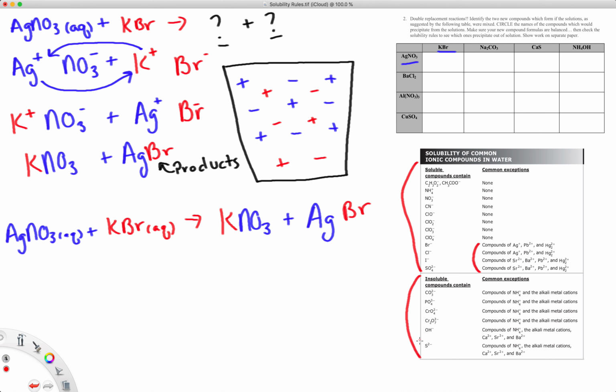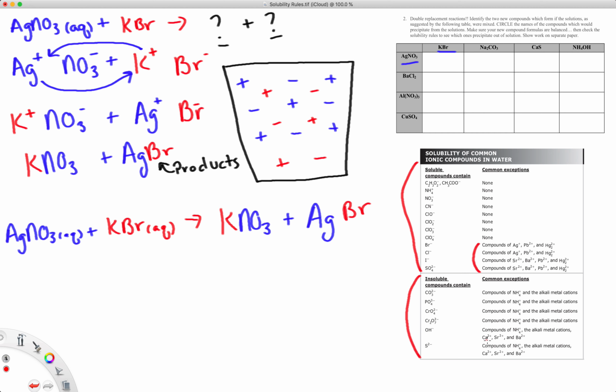If we take a look down here at the bottom table, this is a list of ions whose compounds are typically not soluble in water. So they make more compounds that are not soluble in water. Let's make up an example here. Hydroxide, the OH group: when we have this hydroxide polyatomic ion, most compounds that contain it are not soluble in water, unless those compounds are ammonium hydroxide or a hydroxide of any of the alkali metal cations, like potassium hydroxide or sodium hydroxide.